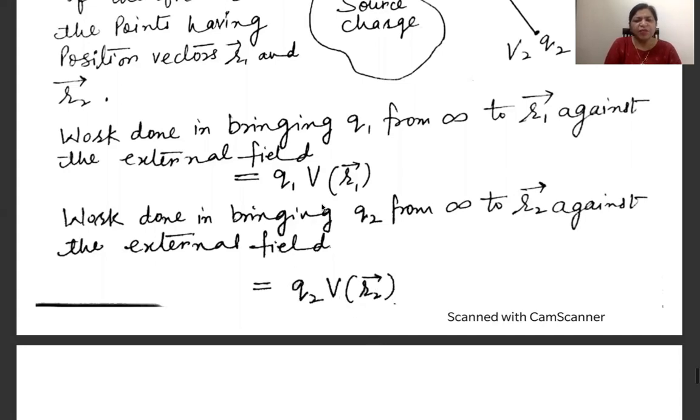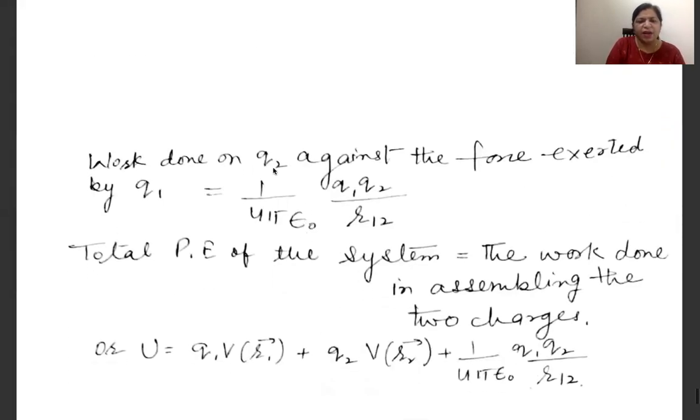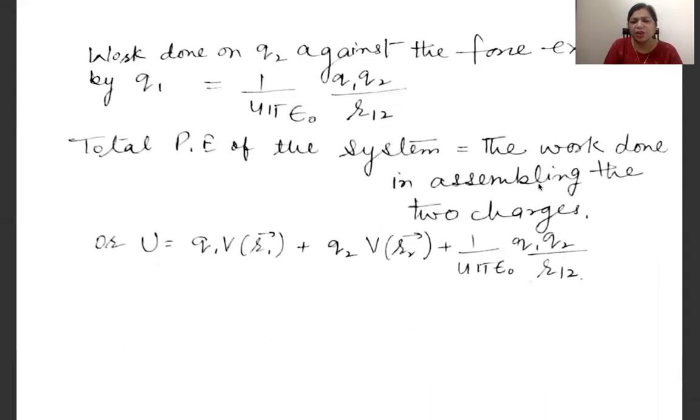So because of this external field we have these two terms, and we have already calculated the work done on Q2 against the force exerted by Q1, which will be equal to 1 by 4 pi epsilon naught Q1 Q2 by R12. So the total potential energy of the system is equal to the net work done in assembling the two charges, that is U is equal to Q1 V(R1) plus Q2 V(R2) plus 1 by 4 pi epsilon naught Q1 Q2 divided by R12.